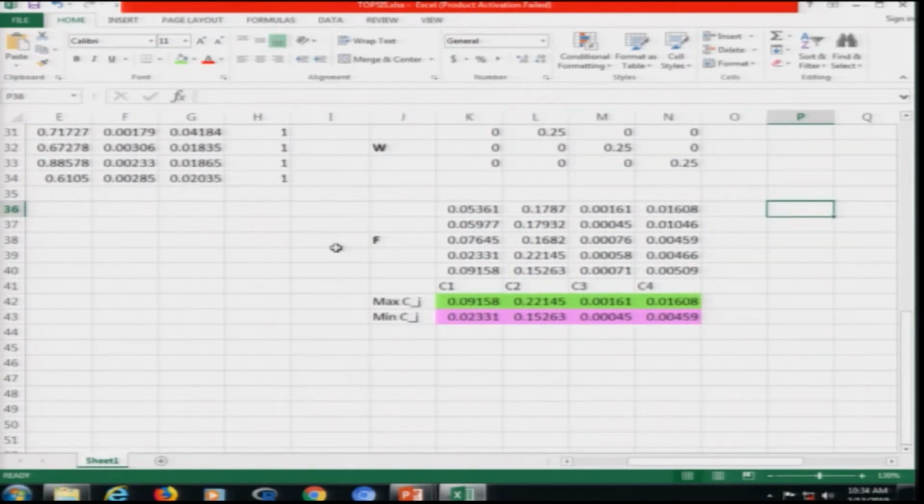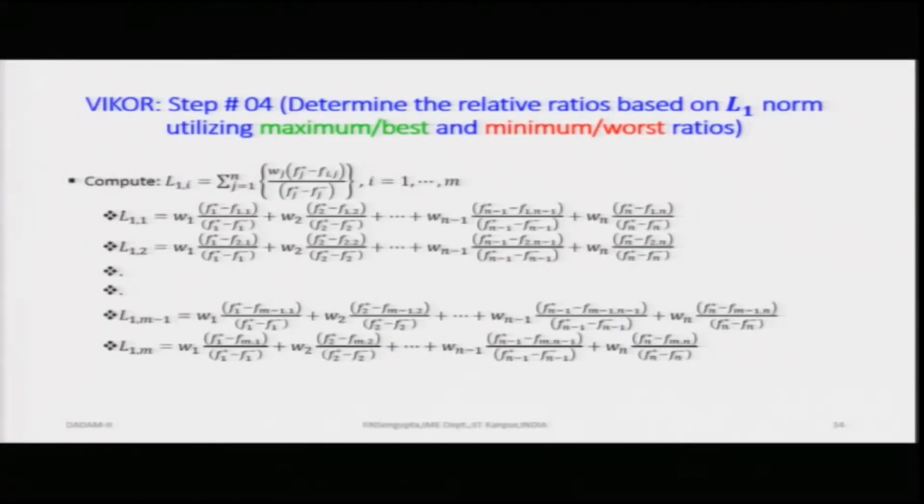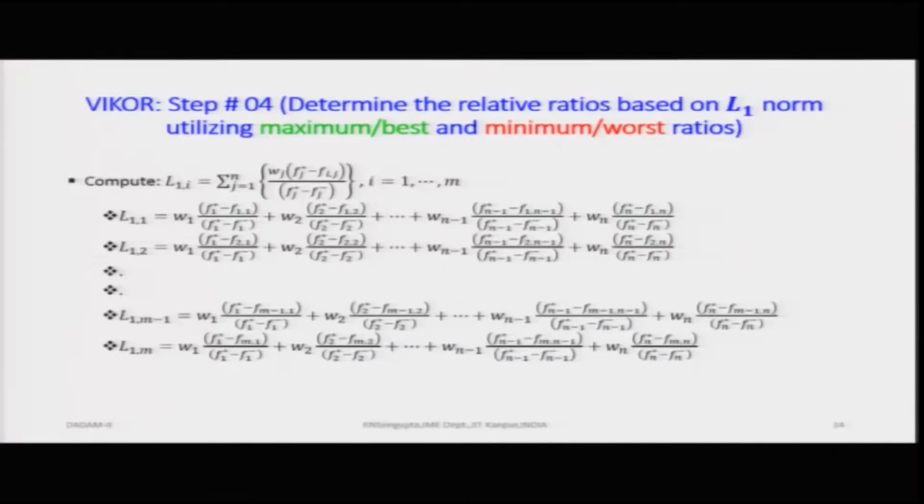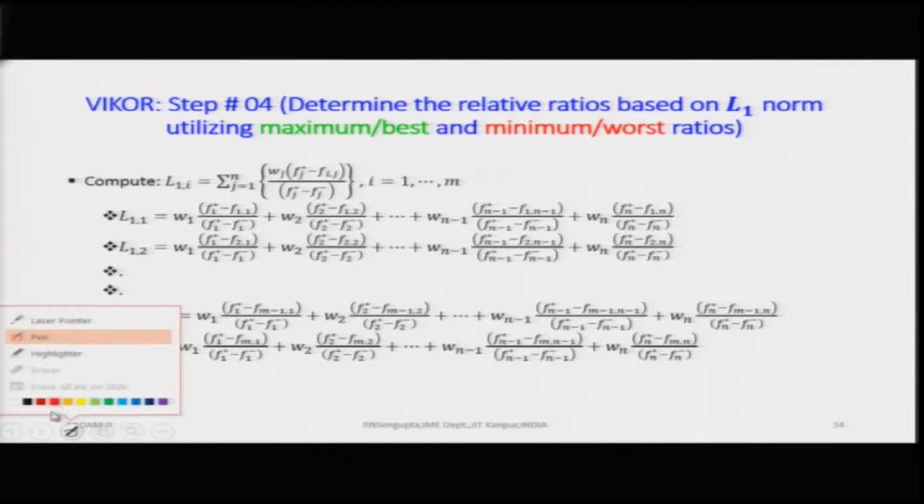So, I will take the alternatives. That means it will be the weights. Weights are basically W1 to Wn, so they were W1, W2, W3, W4. So, I will find out the weights in such a way that I divide by the max and the min, which I will just highlight.